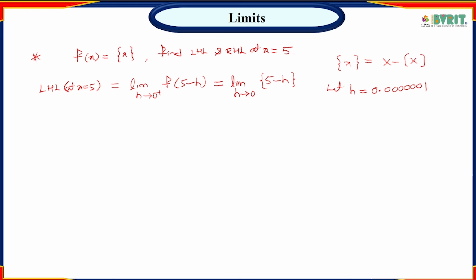Then 5 minus h is 4.999999. The fractional part of 4.999999 is 0.999999, which approaches 1.